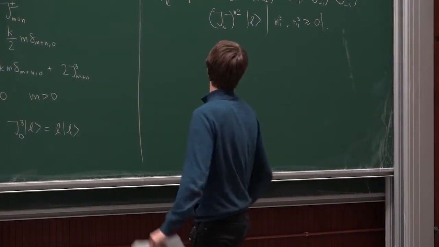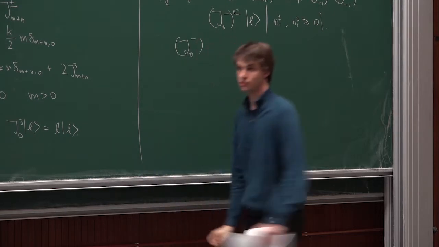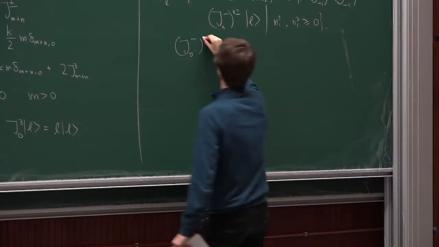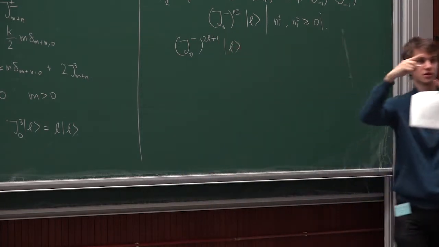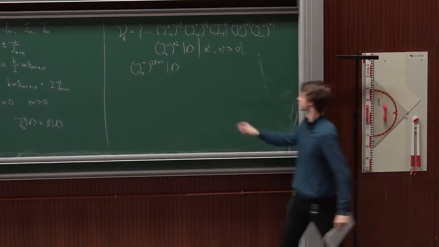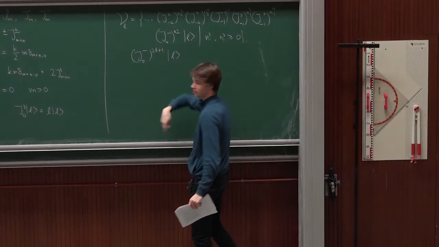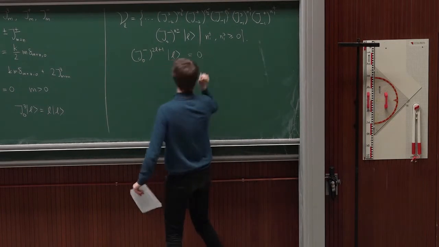And there's sort of one stupid one, which you probably know. If I take the J0 minus and act 2L plus 1 times on L, then I will just run down in my global SU(2) representation until I hit 0. So if I go 2L times down, then I have the lowest weight state. If I apply it one more time, then this is 0.